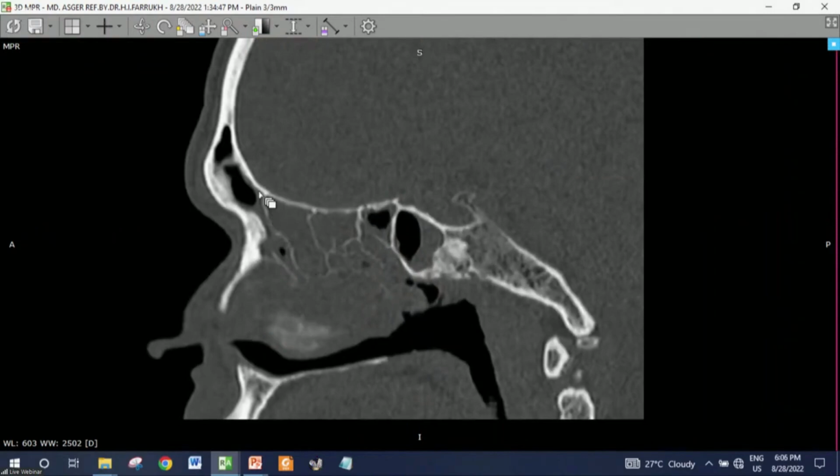That is extending from the posterior side into the frontal sinus, attached to the posterior wall, that is the skull base, and has narrowed the frontal sinus drainage pathway from behind. You can't afford to go behind this cell, otherwise you'll end up damaging the skull base.